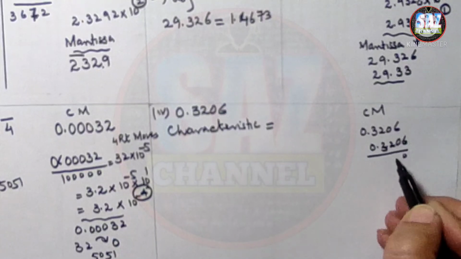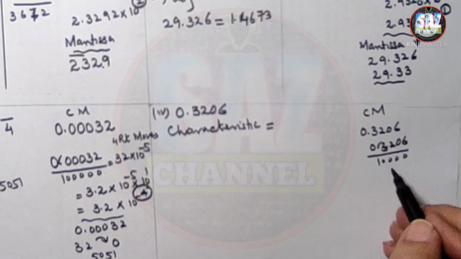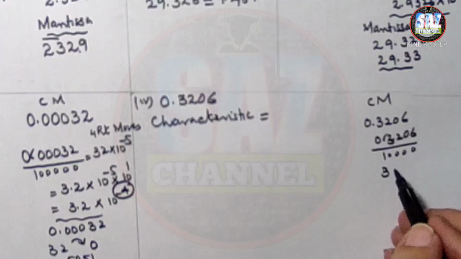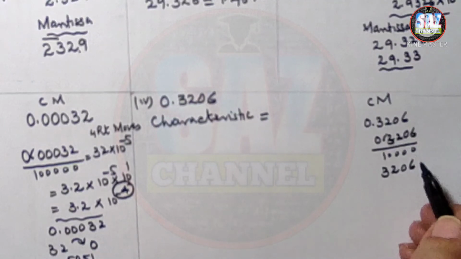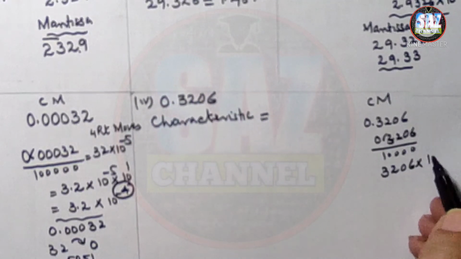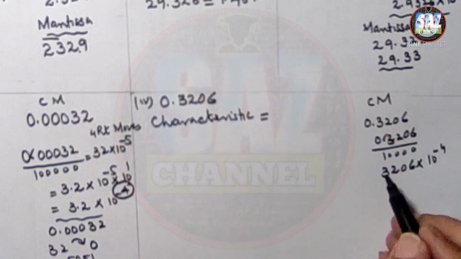3206 divided by 10,000, 1 2 3 4, this will become 3206 multiplied by 10 raised to the power -4. Now look, I have to bring the decimal in between 3 and 2.